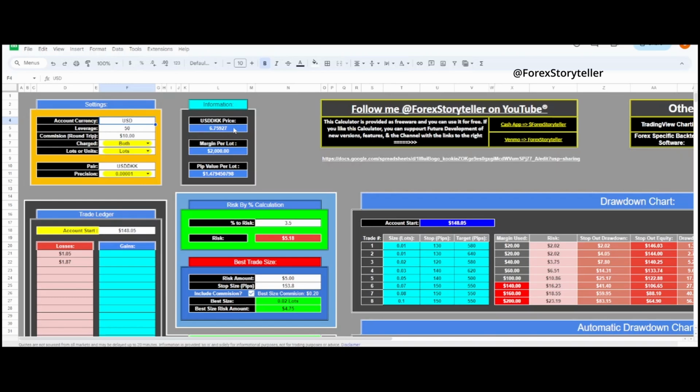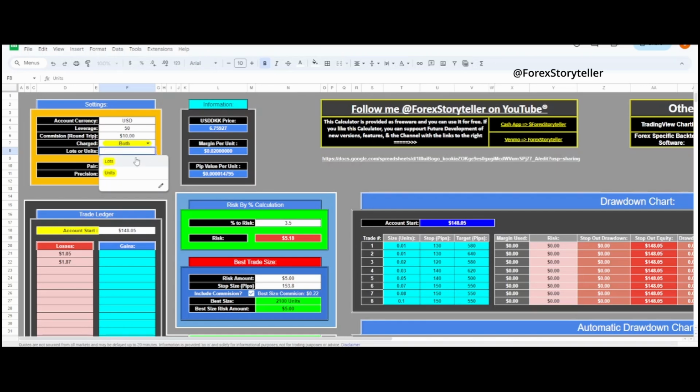This gives you the current price. This one stays updated a little bit faster than the last calculator that I made. This is also going to automatically convert your margin per lot based on your account currency to what you're trading. It's also going to work out that pip value per lot, and it works in either lots or units automatically. So all of these are prefigured, and these will work out the other calculations that are coming up.